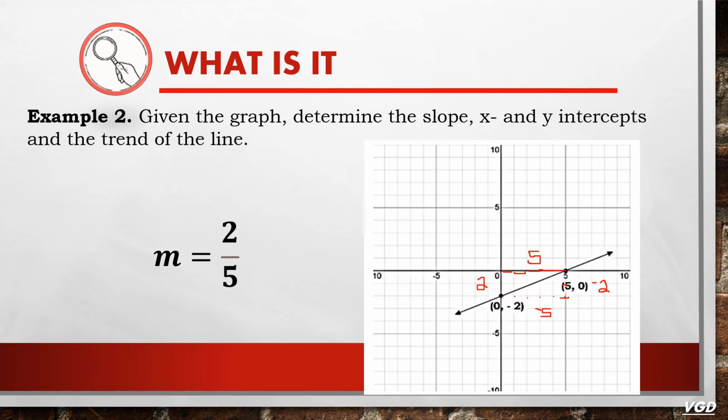And our line is increasing. Okay? Our line, since the slope is positive, so our line is increasing from left to the right. Pasaka siya. Okay, so that is the trend of the graph, increasing from left to right.